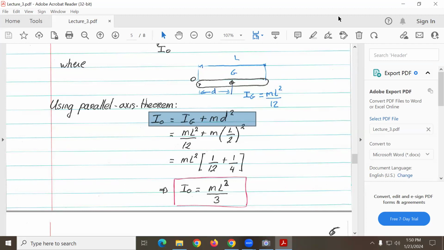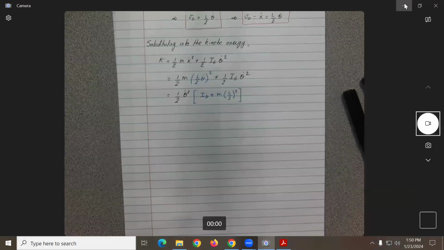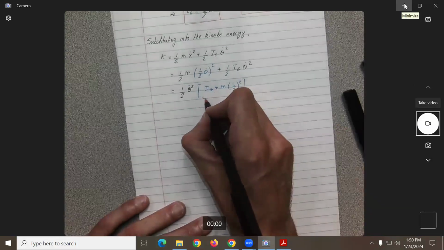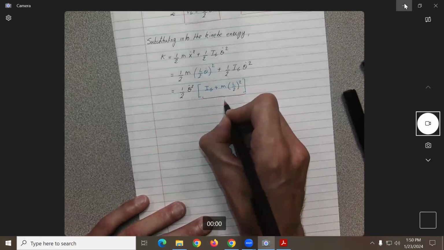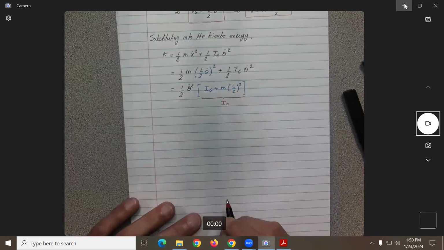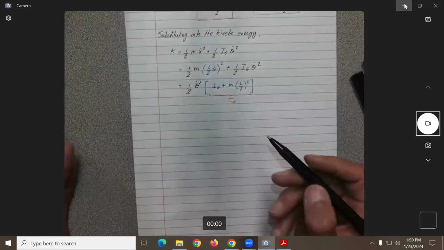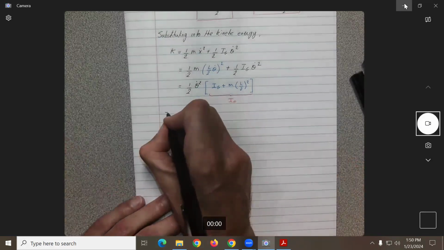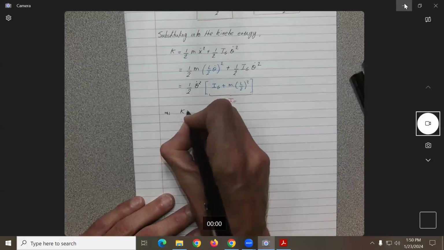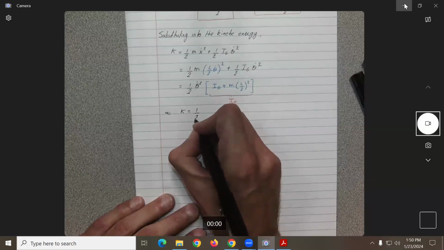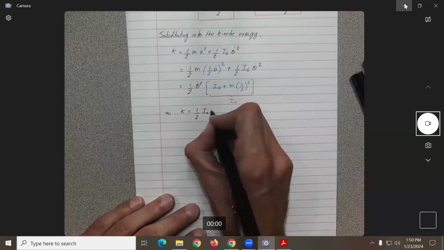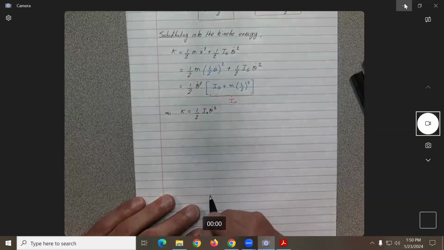Okay. If not, make sure you reference that to the previous class notes. So where this will be I sub O, because this is the parallel axis theorem. So now, at the end, our previous assumption that we made, K equal to what? 1/2 I sub O theta dot squared.